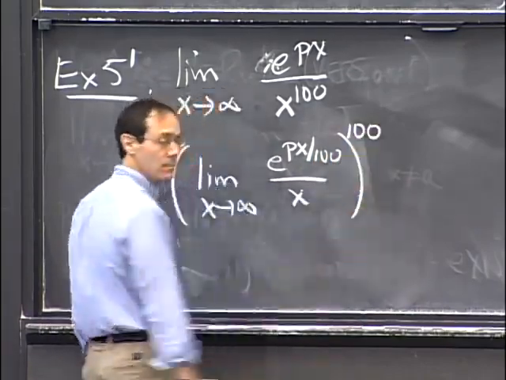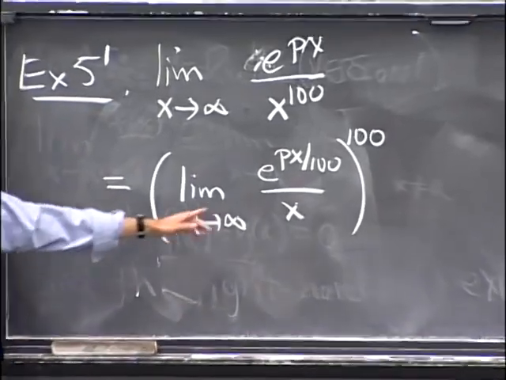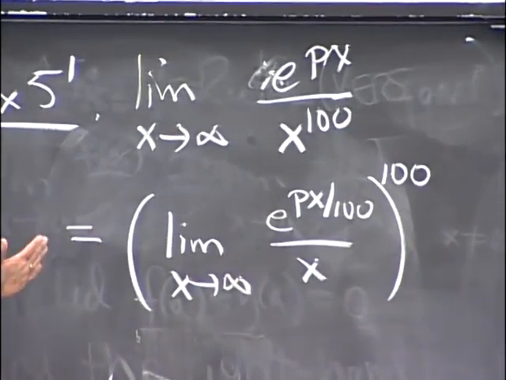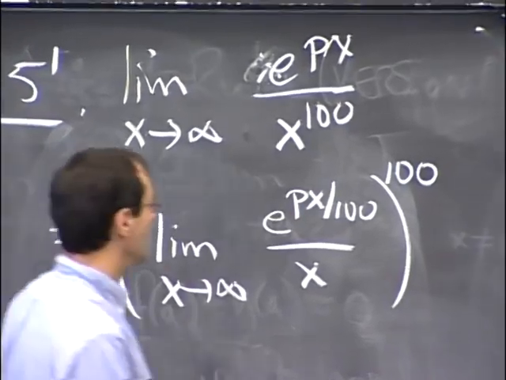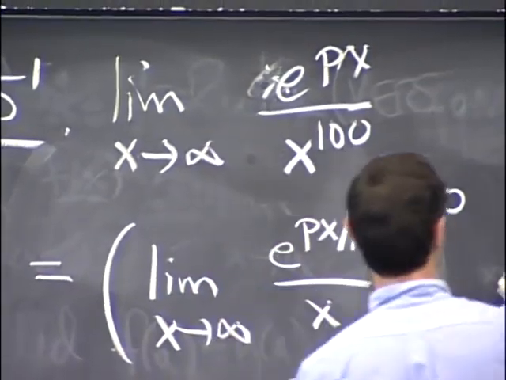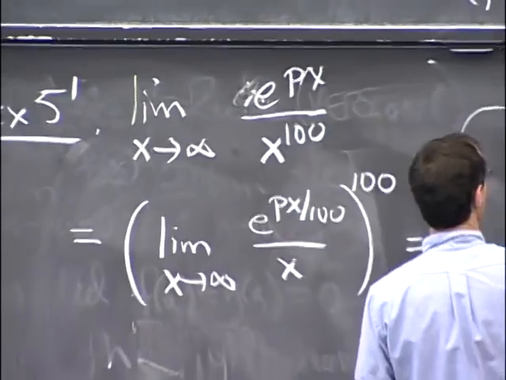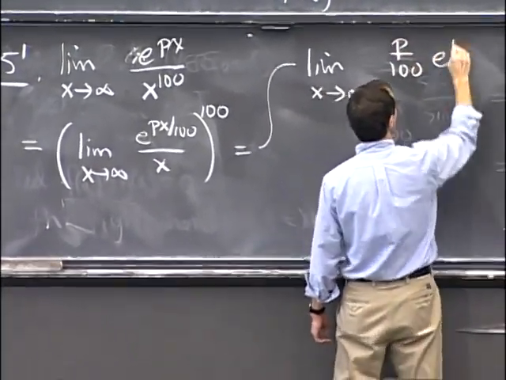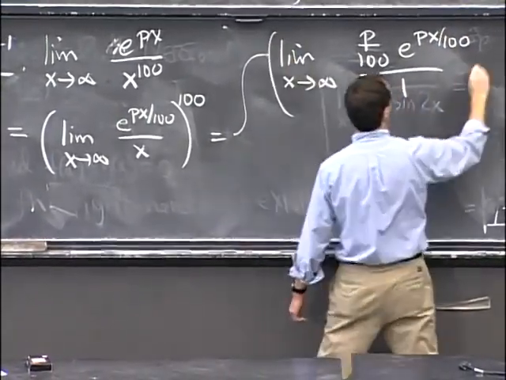All right? So if you do that, then we just have one L'Hopital rule step here. And that one is that this is the same as the limit as x goes to infinity of, well, it's p over 100 e to the px over 100 divided by 1, all to the 100th power.